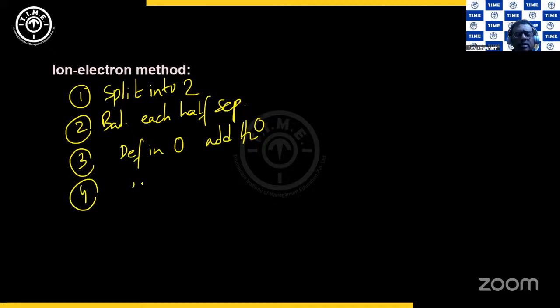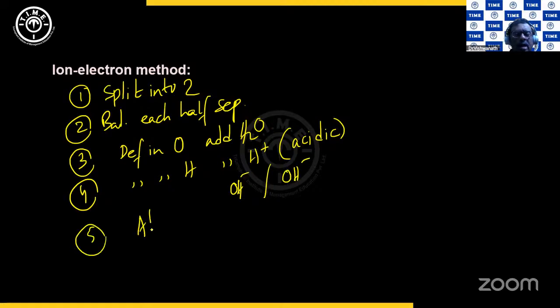To the side deficient in hydrogen, add H+. H+ you can add only in an acidic medium. If it is in basic medium, what do we have to do? We'll have to add an equal number of OH minus ions on either side, the left hand side and also the right hand side. Then add electrons to balance the charges in each half reaction.